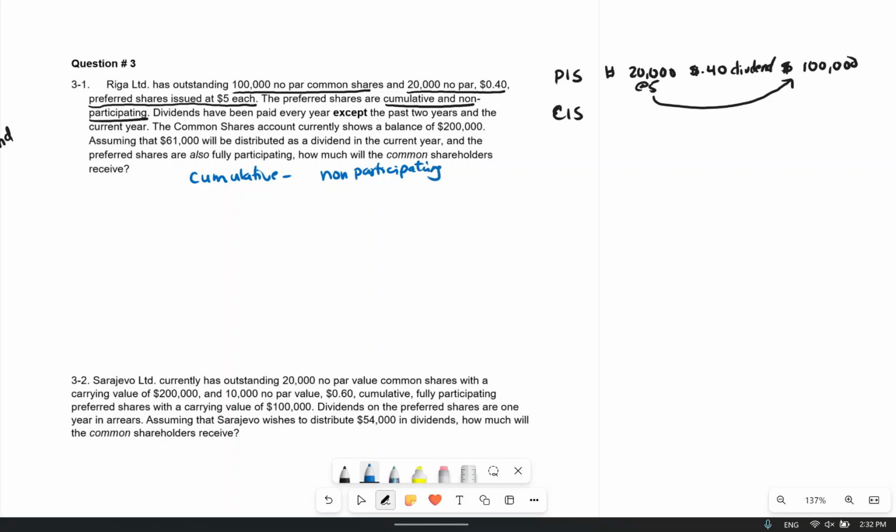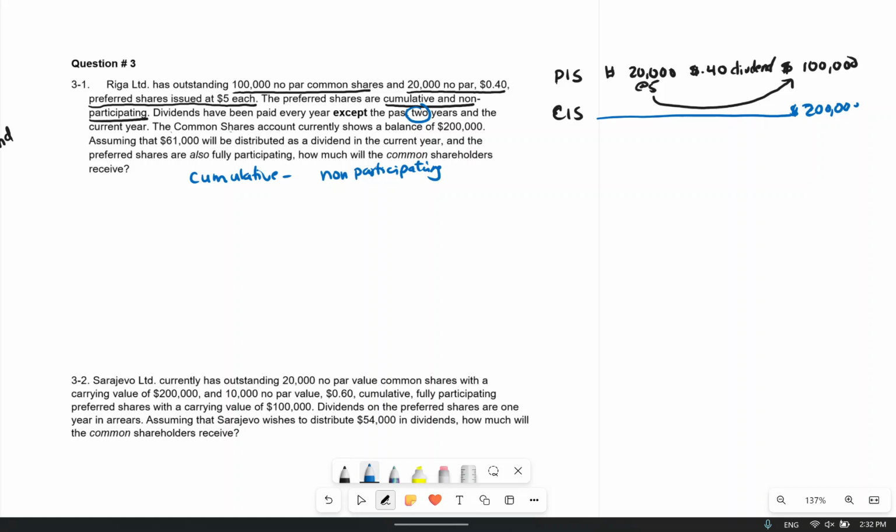Going further, they said that dividends were not paid for the past 2 years, so we haven't paid any dividend for the past 2 years. The value of your common shares is 200,000. We do need that, but because they're non-participating, let's look at what they're saying.